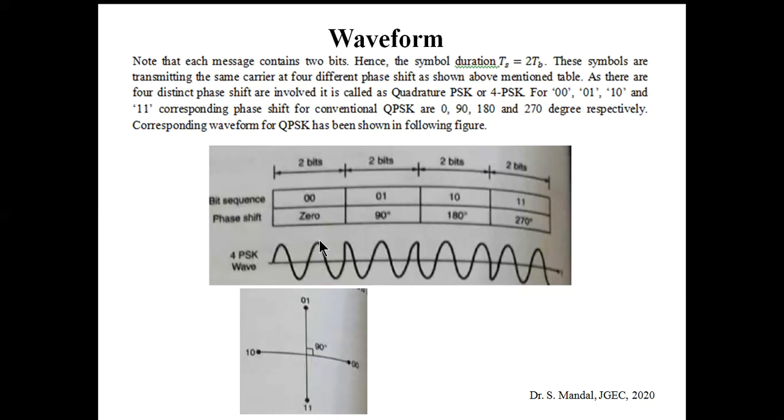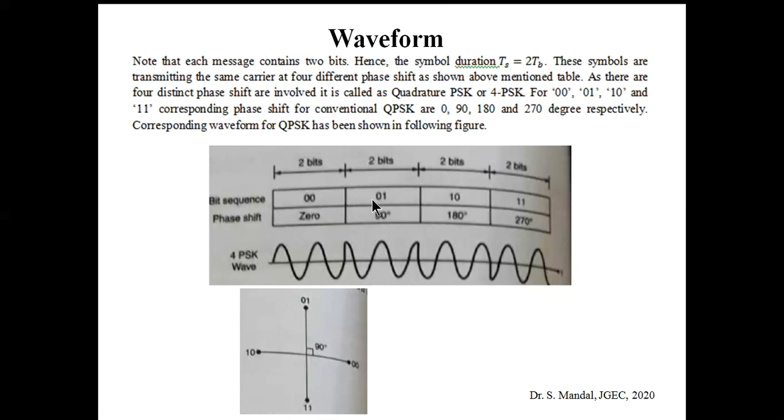If we consider sin omega ct, the sinusoidal signal, as the carrier signal, then for 0 0, as the initial phase is 0, it will start from the 0 point and continue up to the next interval.